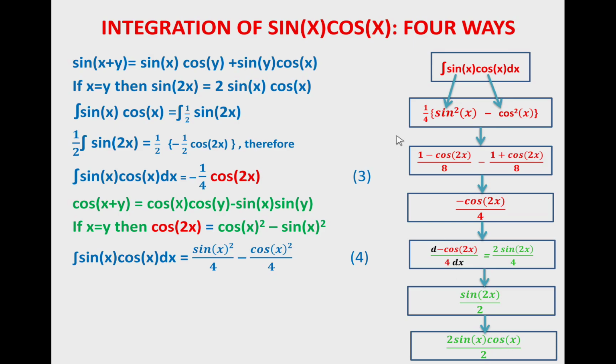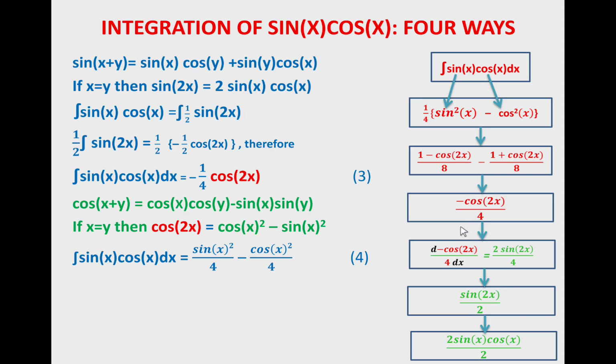One more time. What we did is we placed the question that we were looking for a solution to, which is the integration of sine x cosine x. And we got the result of the integration. We simplified the result of the integration until we got to this point. And then we did the differentiation of the integral.